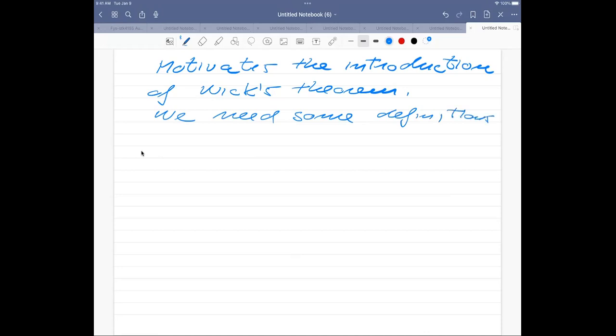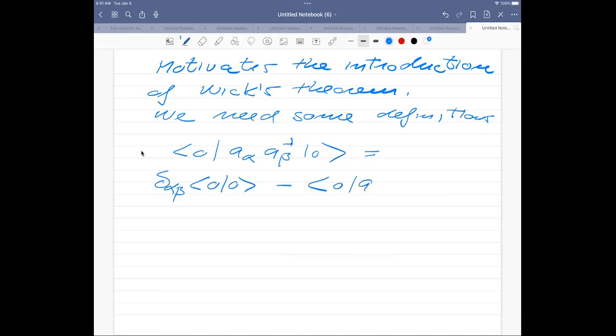So one thing is that when we look at an expectation value of A alpha, A beta dagger on the vacuum |0>, and we use the anti-commutation rules, this becomes equal to a Kronecker delta, delta alpha beta, and then minus, and then an A of beta, A of alpha acting on |0>.